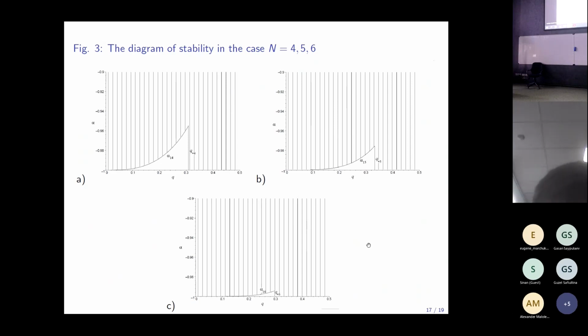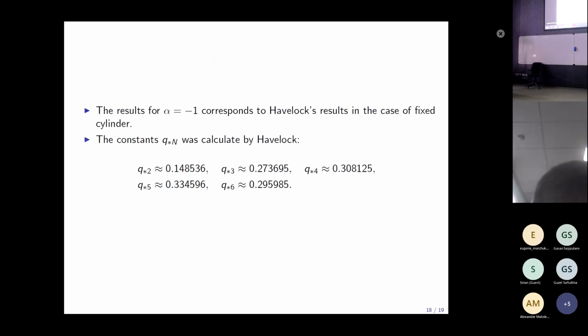We see that when Q is more than Q star n, it is unstable. Next, please. The results for alpha equals minus 1 correspond to Havelock results in the case of a fixed cylinder. And the constant Q star n in the figures was calculated by Havelock. This is this constant.